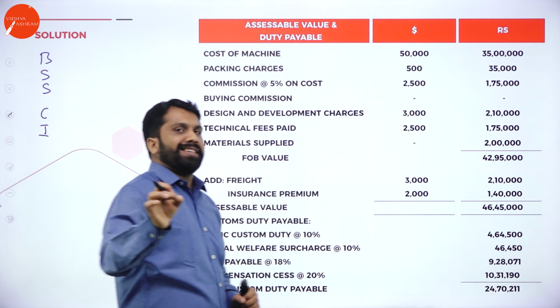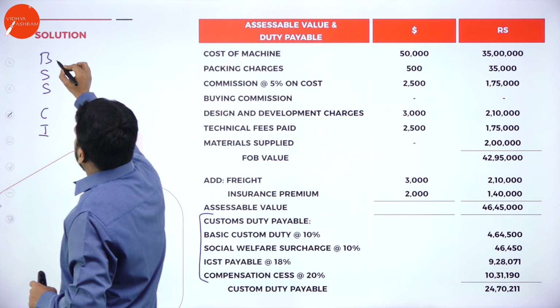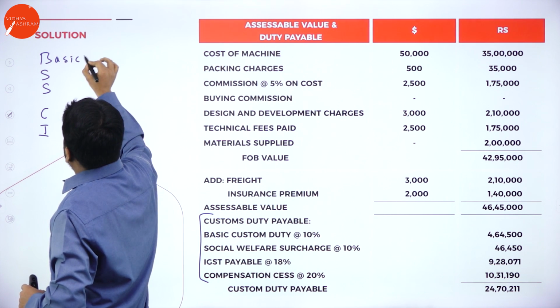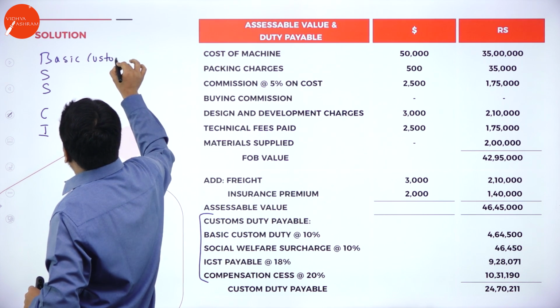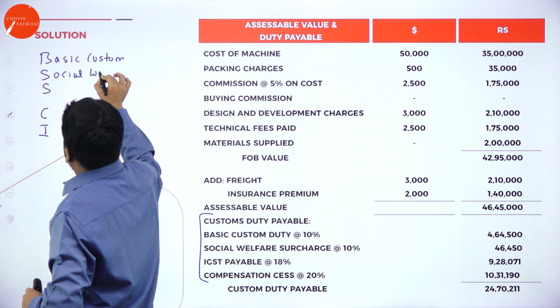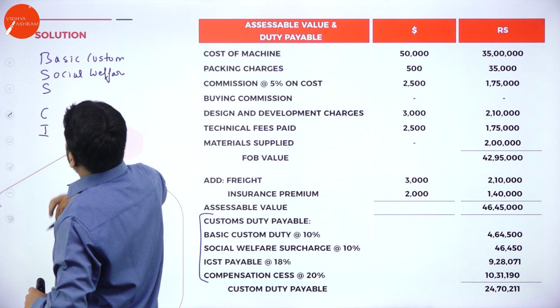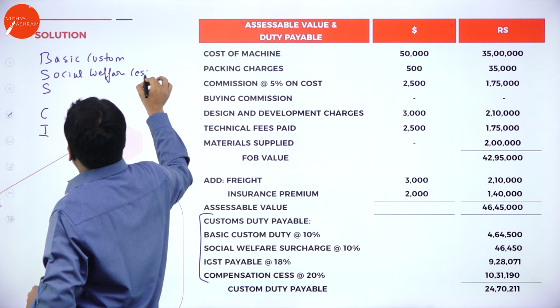Remember BSSCI. Now, B for basic custom duty. S for social welfare cess.